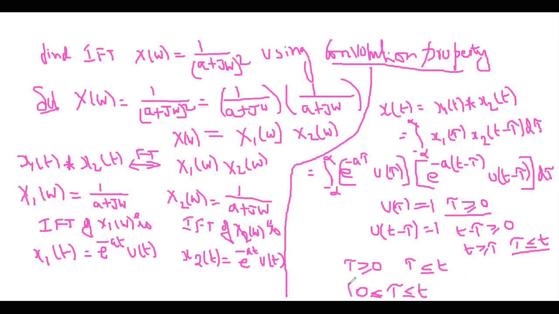This is the combined range of tau, by taking tau greater than or equal to 0 and tau less than or equal to t. So now replacing mu of tau as 1 and mu of t minus tau as 1, by changing the limits here.